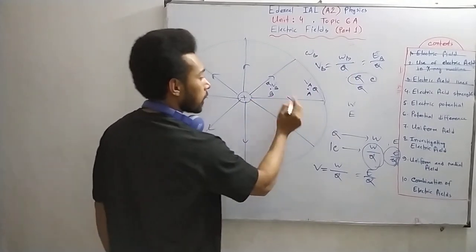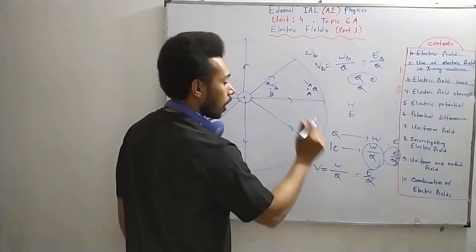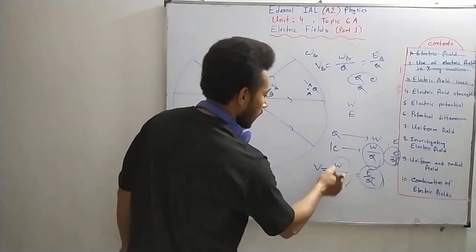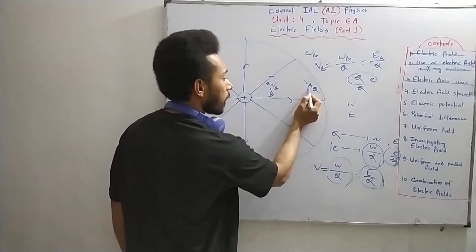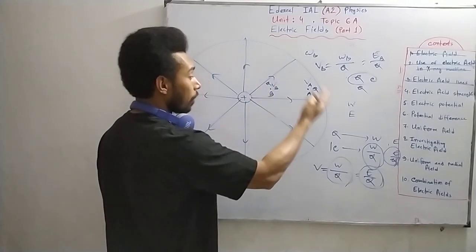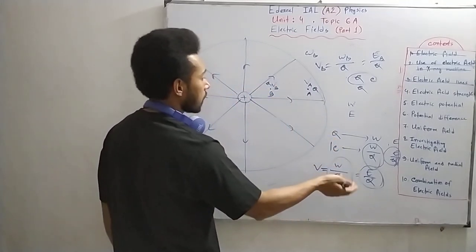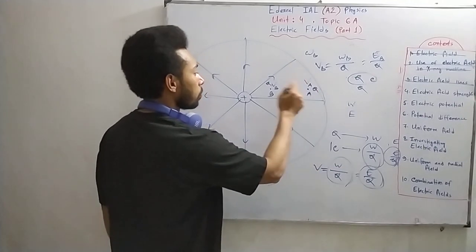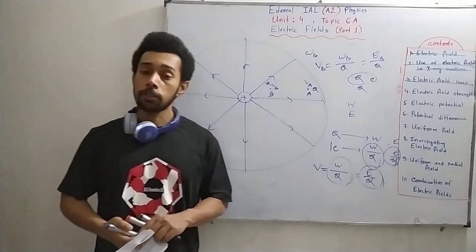So the potential of point A will be the work done per coulomb charge to bring it into point A from infinite distance, and the electric potential of point B will be the work done or energy transferred per coulomb charge to bring it into point B from infinite distance. Then we have the definition of the electric potential.